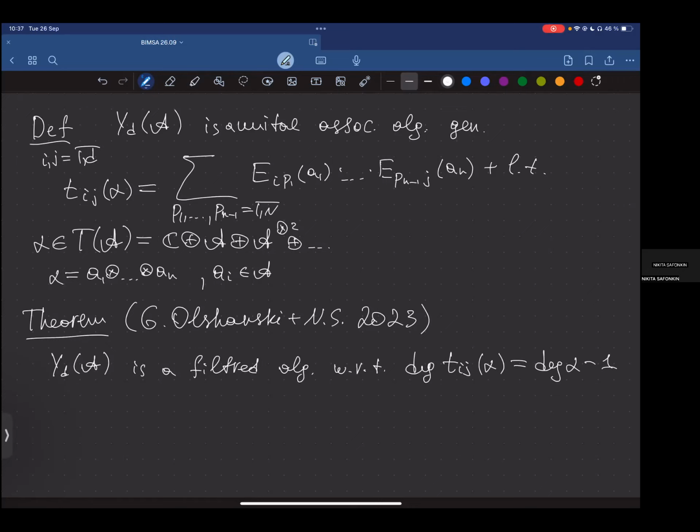And the degree of alpha is just the degree of an element in this tensor algebra. And since this algebra is filtered, we can consider its associated graded algebra. And it's going to be a universal enveloping algebra of some Lie algebra.